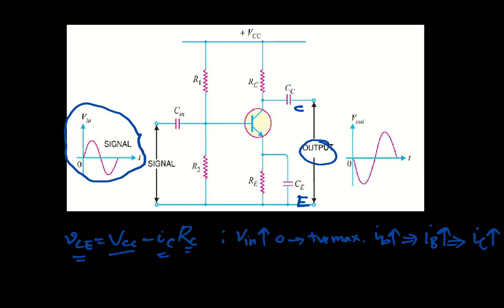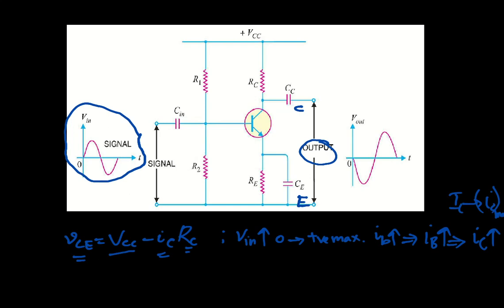That is, when the input signal changes from 0 to positive maximum, the collector current will increase from the zero signal collector current value, capital IC, to the maximum IC, that is the maximum collector current.